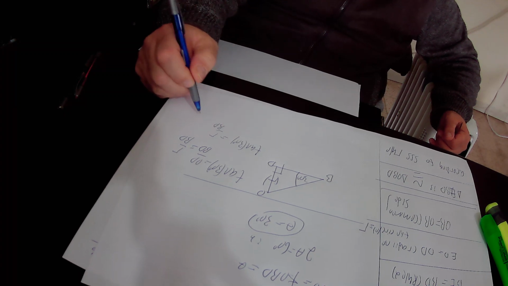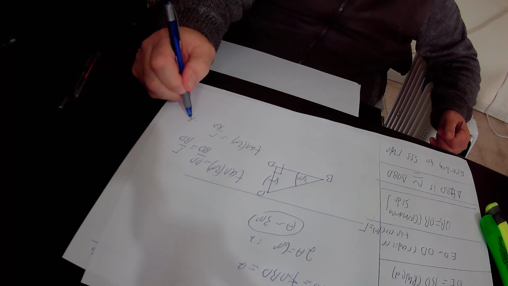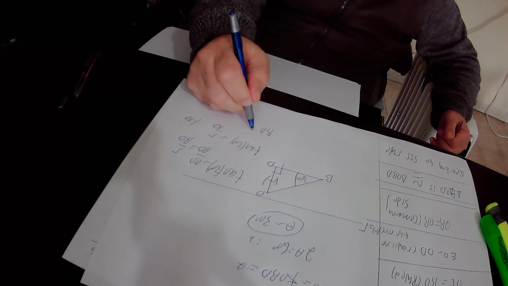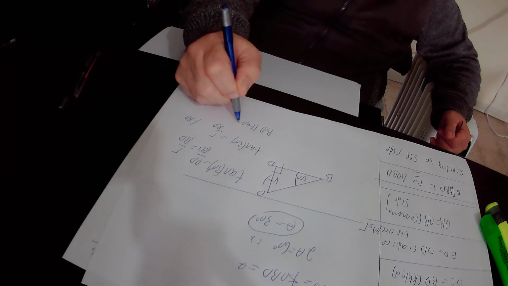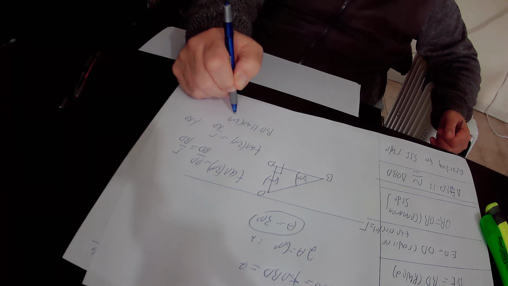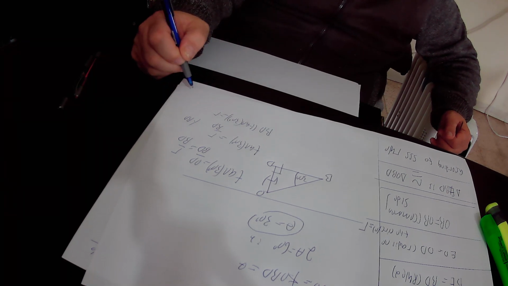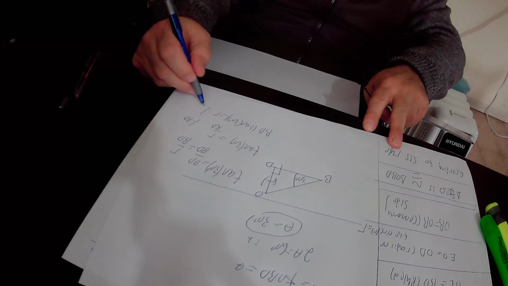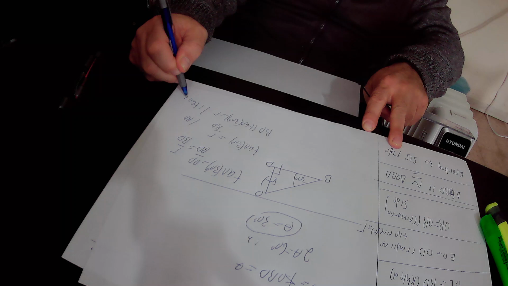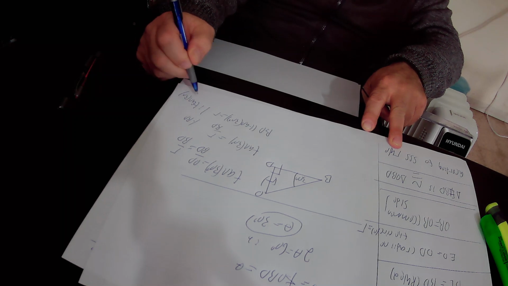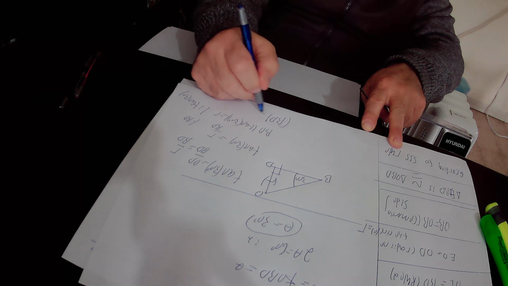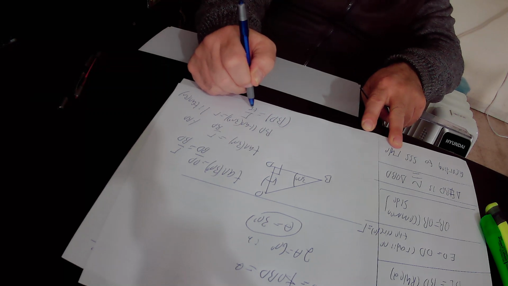Here we multiply this equation by BD, and we get BD times tangent 30 degrees equals R. Then we divide this equation by tangent 30 degrees, and finally we get that BD equals R over tangent 30 degrees.